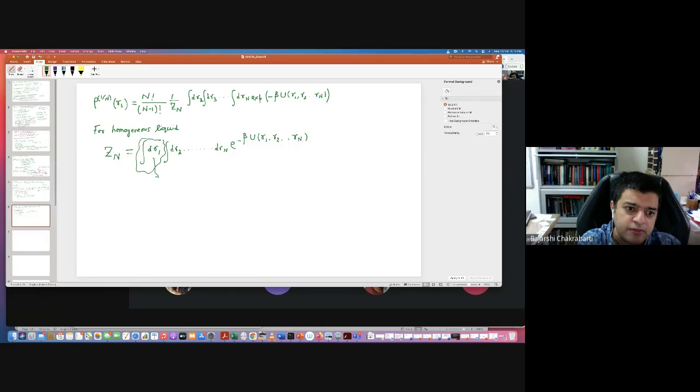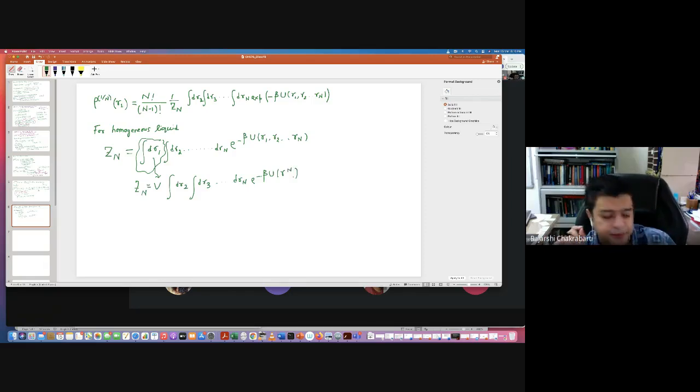This integral will give you volume V. I can actually integrate this out, so it gives you a volume V times the rest of the integral.